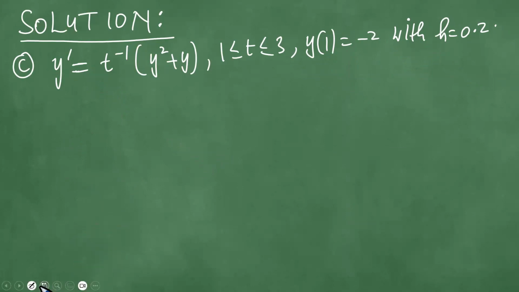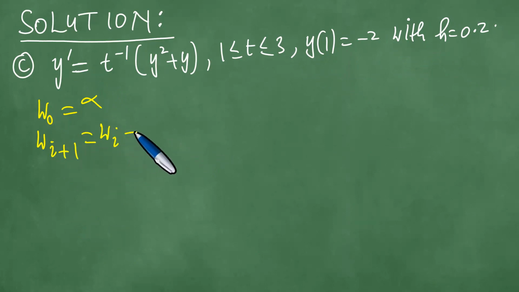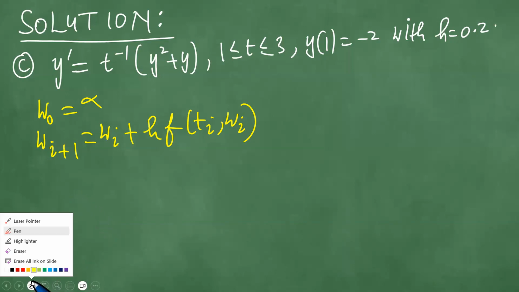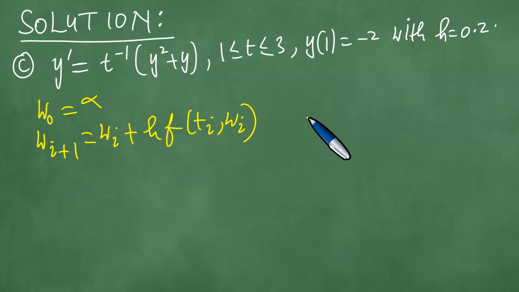First things first, we're going to remember Euler. So we know that w0 is alpha, w i plus 1 is w i plus h f(t i, w i). Now let's look at the initial value.